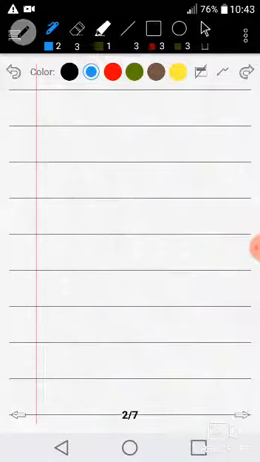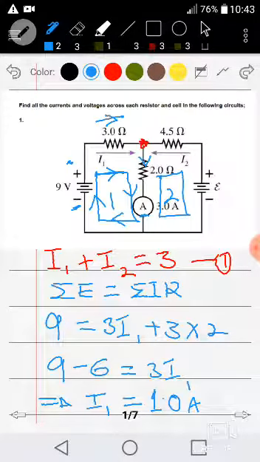Then we go and look at loop 2. For loop 2, we should have the direction of the loop. Let me choose this. It is going upwards, then it takes that, then comes down and moves like this. So from there, you see that EMF epsilon is upwards. The loop is moving from negative to positive, so epsilon is positive.